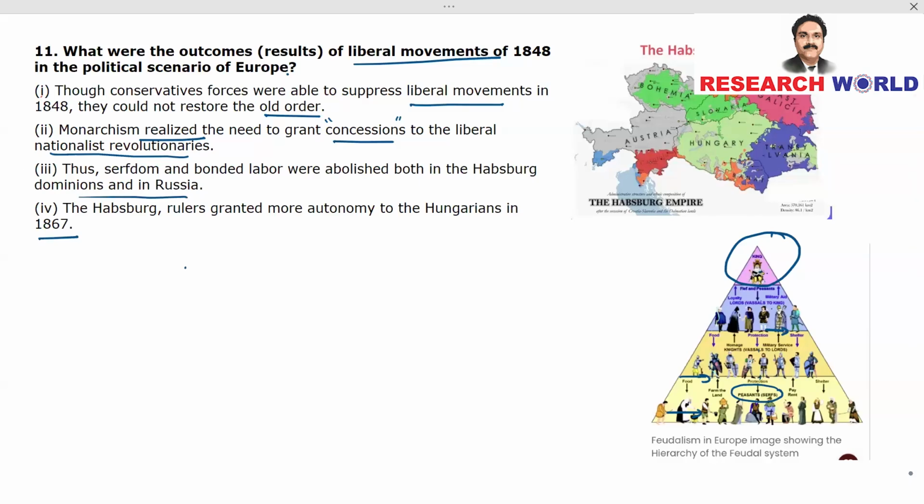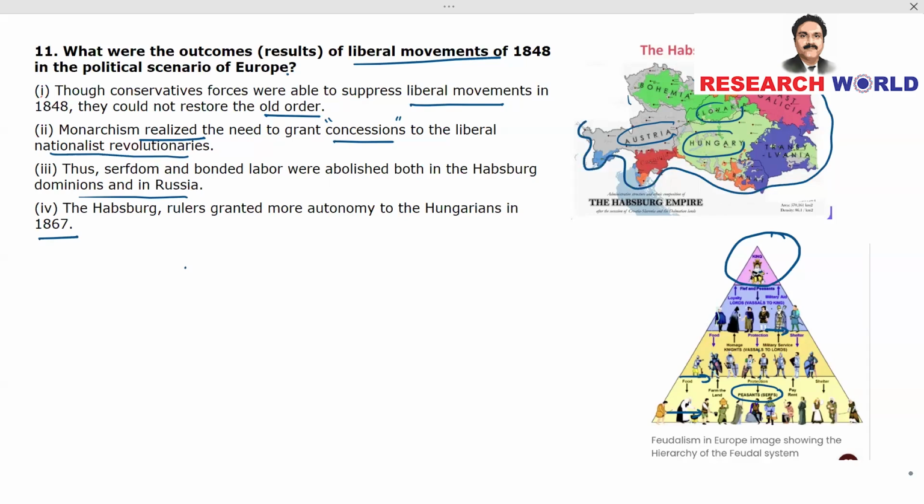What is Habsburg dominion? Habsburg is an empire, actually a huge, vast empire which includes present day Austria, Hungary, Slovakia, etc. You can look at the map and understand how far and wide it was.